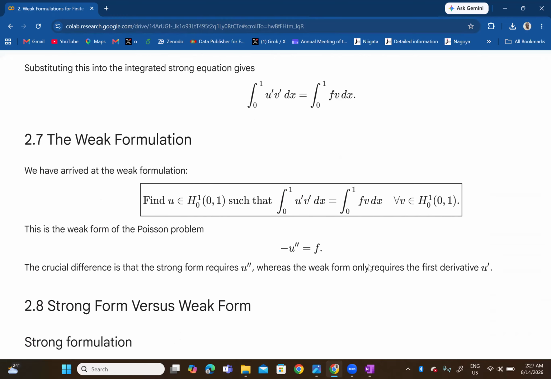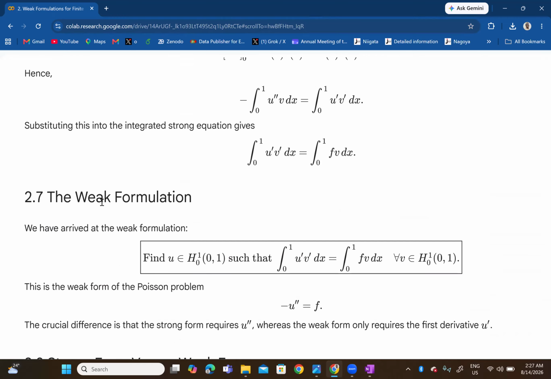Now, talking about the weak formulation proper, we have arrived at the weak formulation like that. Find u belonging to H sub 0 super 1 on the domain 0 to 1, such that integral from 0 to 1 of u prime v prime dx is equal to integral from 0 to 1 of f v dx for every v belonging to the same space as u. So that's the weak formulation.